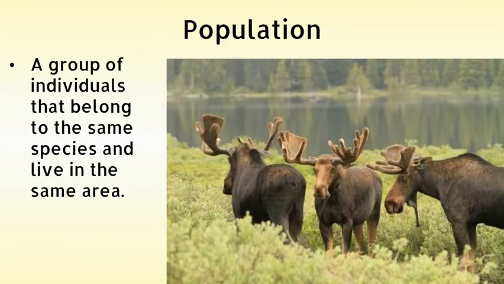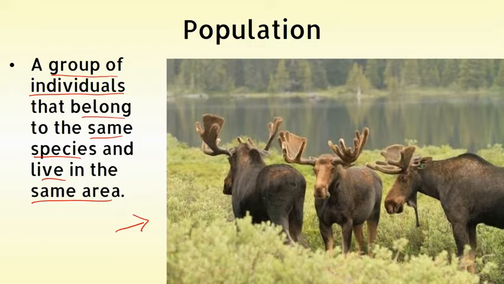Now, if we go up a level, we could look at a population. A population is a group of individuals that belong to the same species and that live in the same area. So we're going to look at this population, this group of moose, and how they live with each other, how they interact with each other, how they interact with their environment.